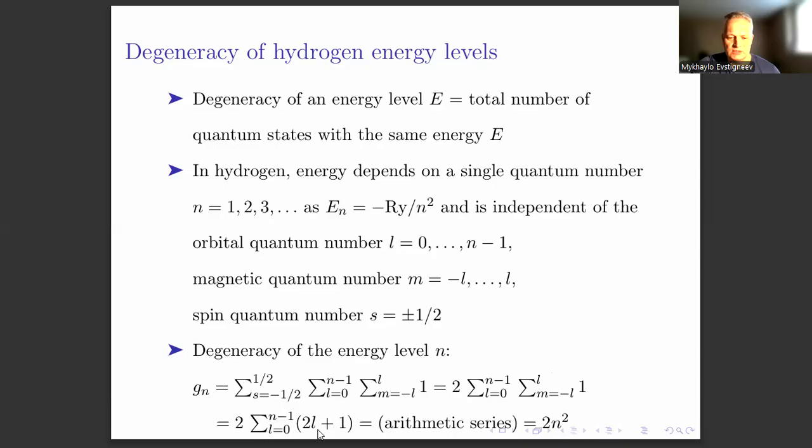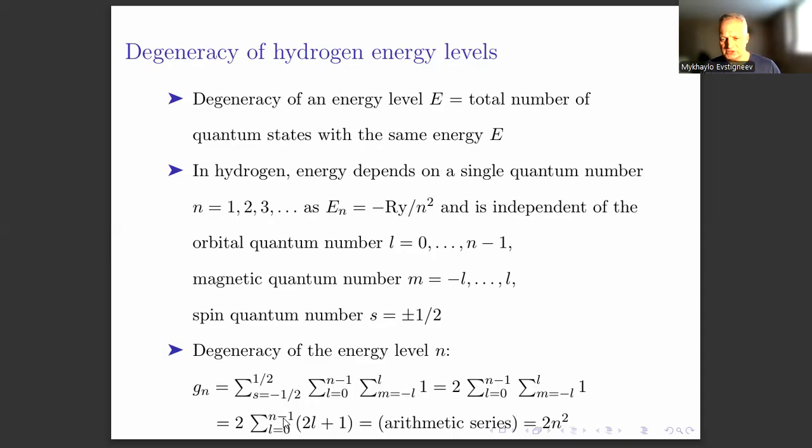So what remains is to take the sum of this 2L plus 1 over L from 0 to n minus 1. And we recognize that this is the arithmetic series expression. And just a reminder, if you have an arithmetic series, so each next term is bigger than the previous term by a fixed amount, then the sum of the arithmetic series is the first term plus the last term divided by 2.